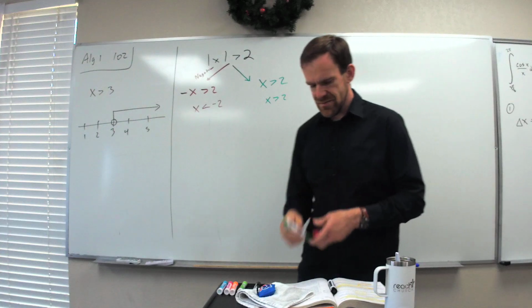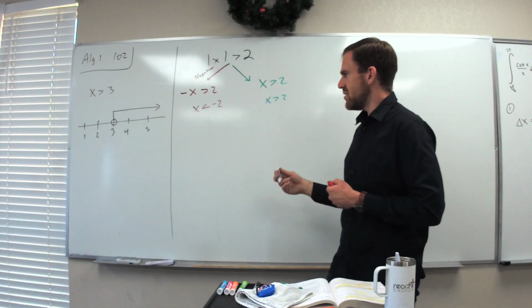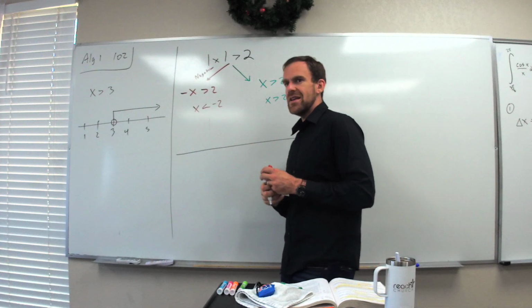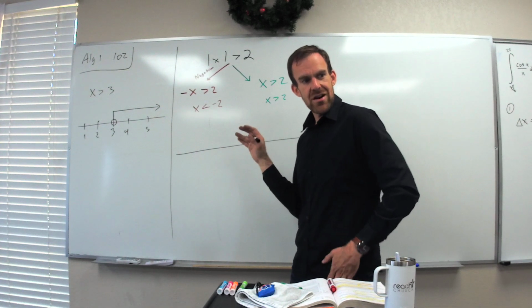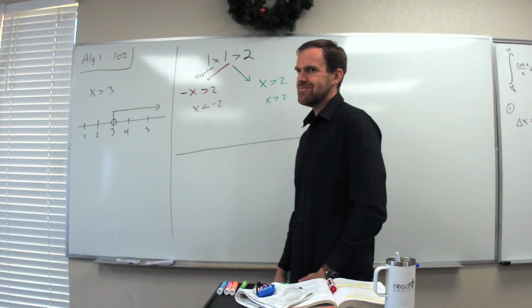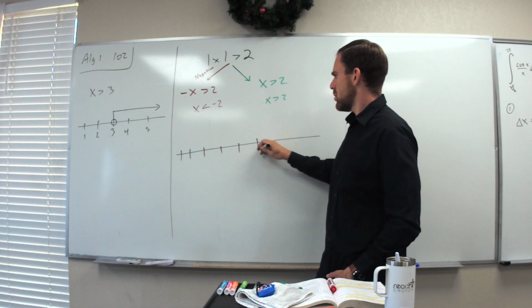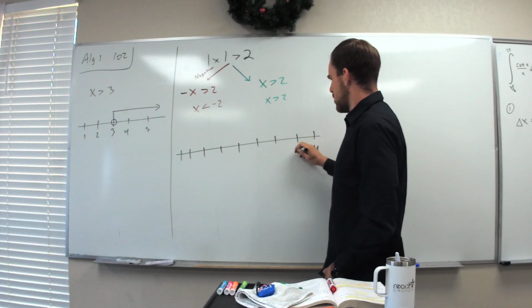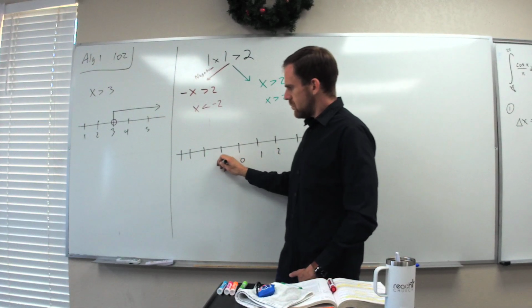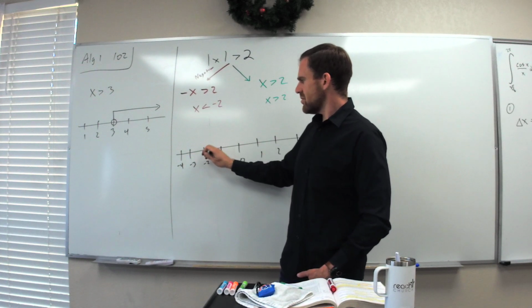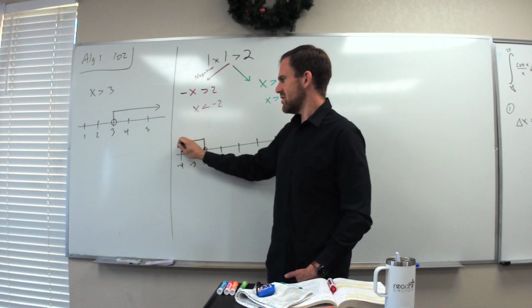Can I graph this? Sure. So we have our number line. If x is less than -2, I want all numbers that are less than -2. So, open circle at -2, arrow to the left.